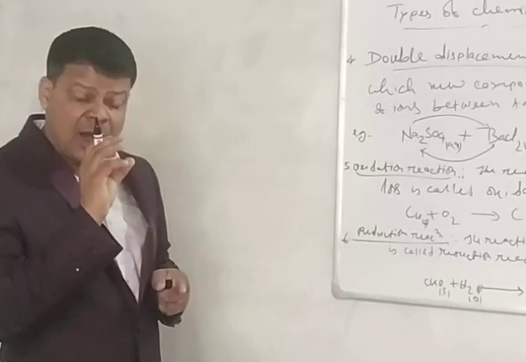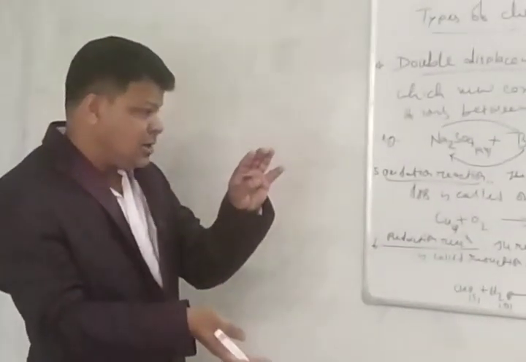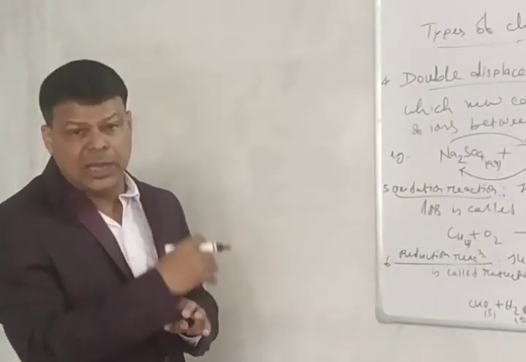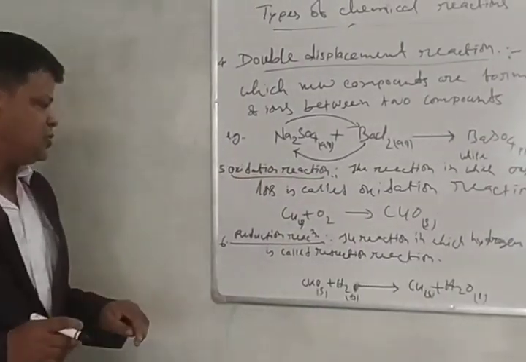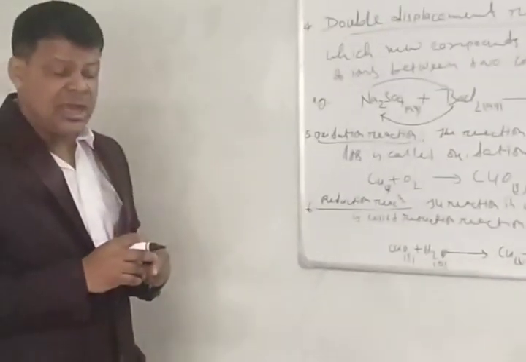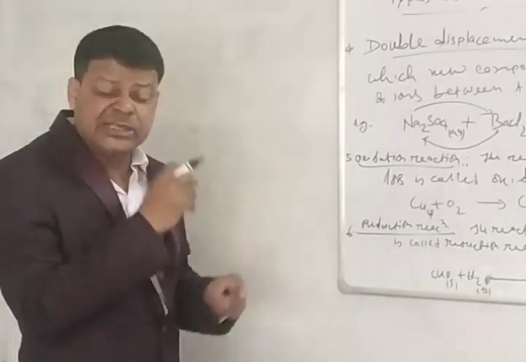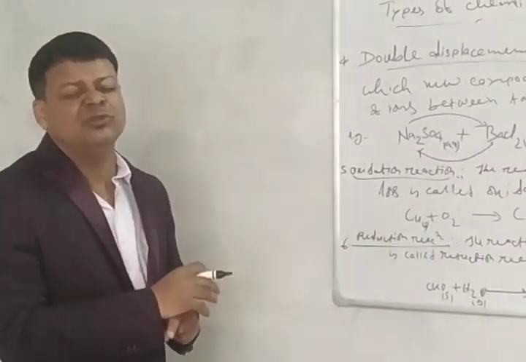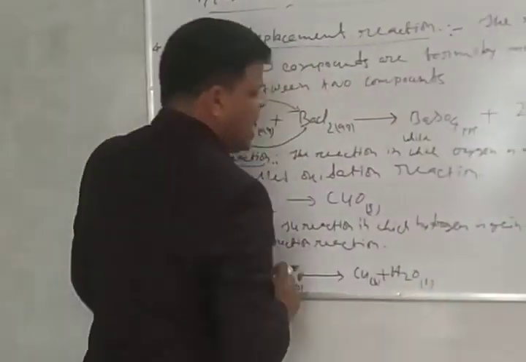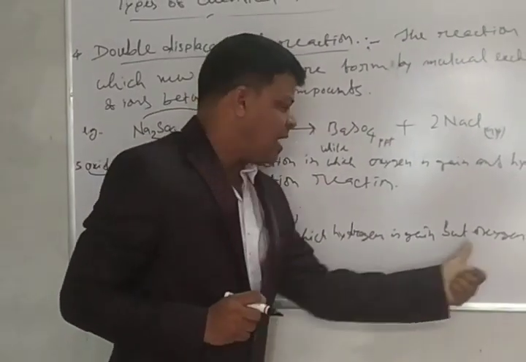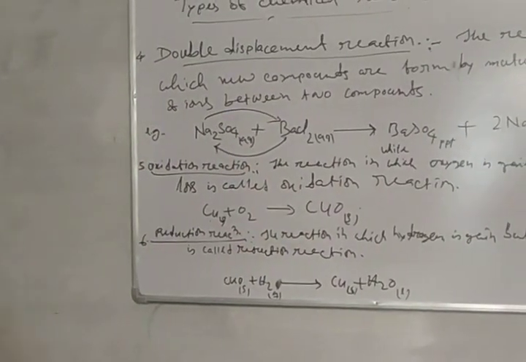Oxygen is removed and hydrogen is gained. So this is just opposite of oxidation reaction. The reaction in which hydrogen is gained but oxygen is lost, that type of reaction is called reduction reaction.